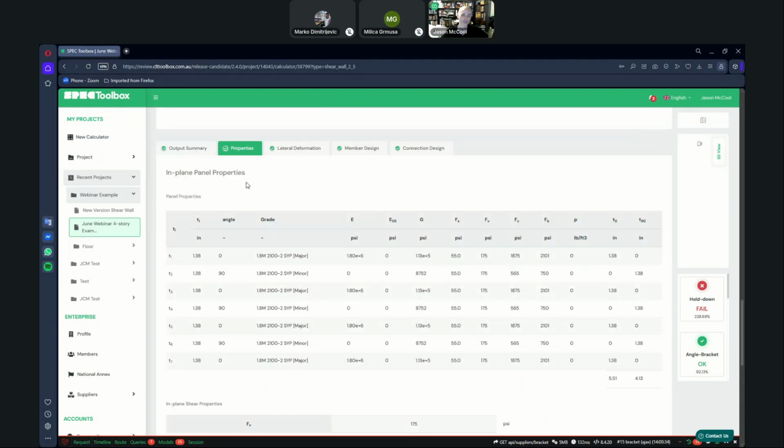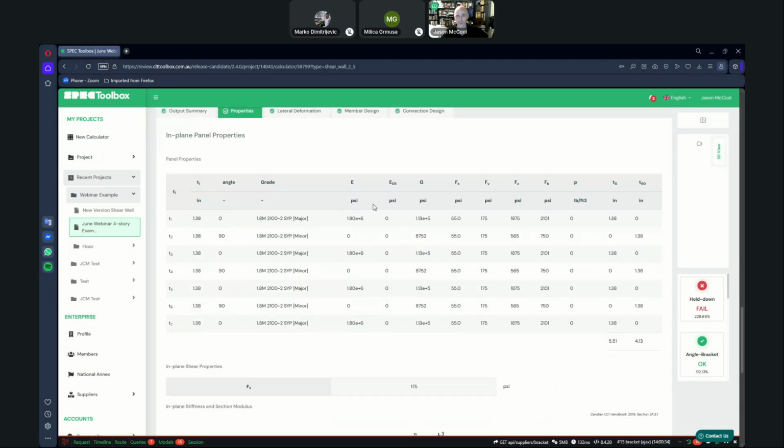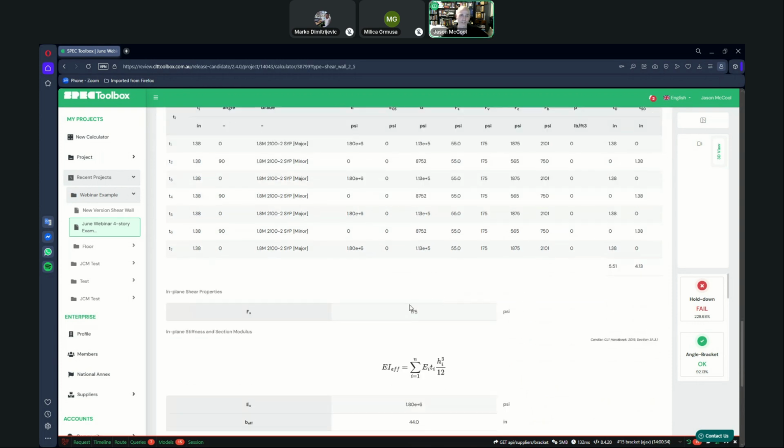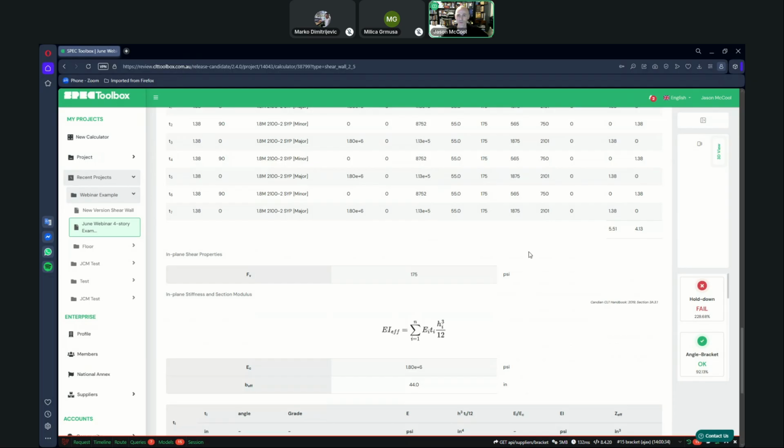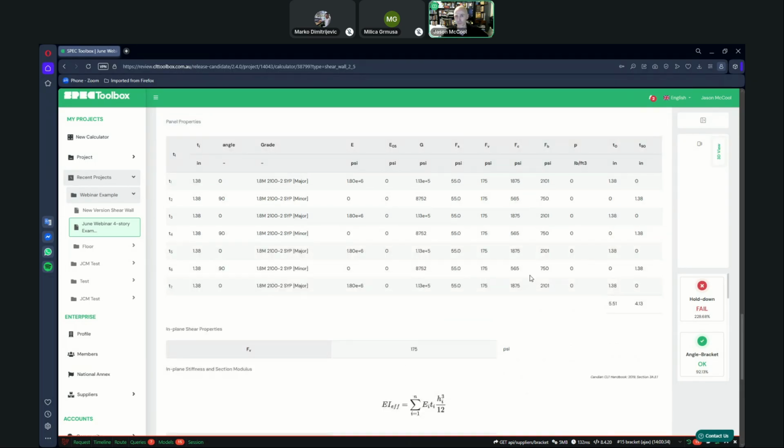But SPEC Toolbox is doing the lion's share of the work here for me, because they're doing all of my property calculations. So here's my E, my modulus of elasticity, my axial and shear. Here's all my properties. I can go through and check these to make sure: is this matching up with product catalogs? Is it what I think it is?